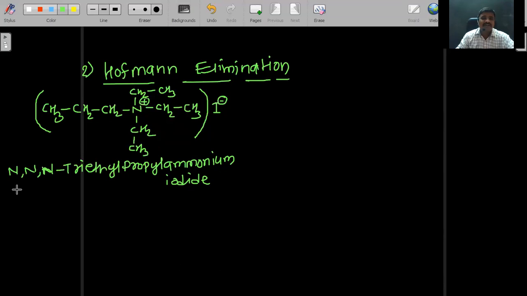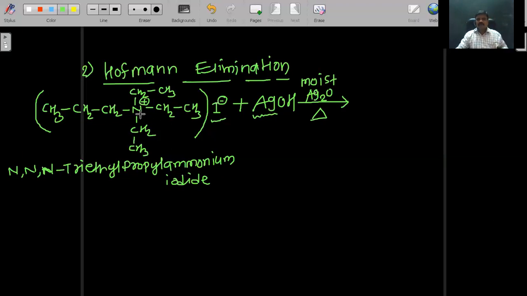So this N,N,N-triethyl propyl ammonium iodide is reacted with silver hydroxide. We know that silver hydroxide is less stable, and it is prepared from moist Ag2O, silver oxide dipped in water, which acts as AgOH. Now Ag is a metal and I is a non-metal.